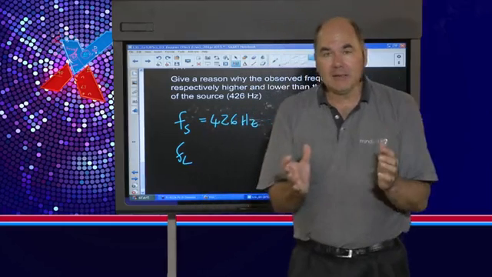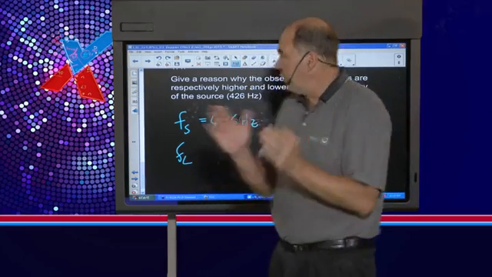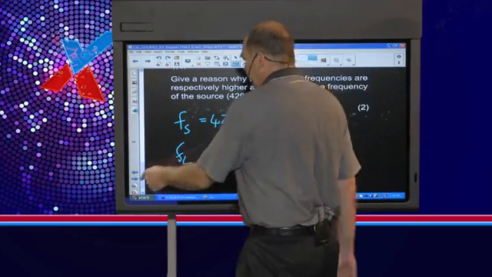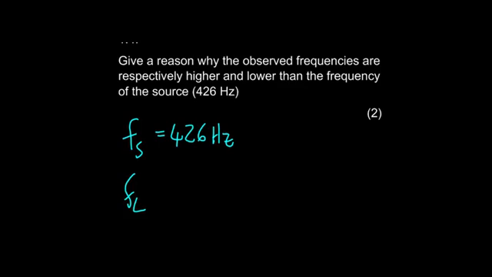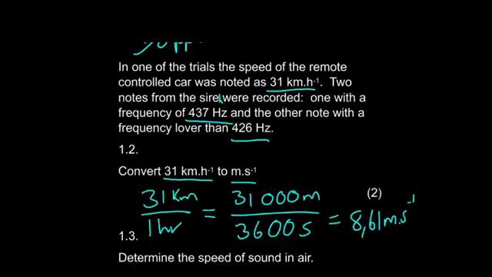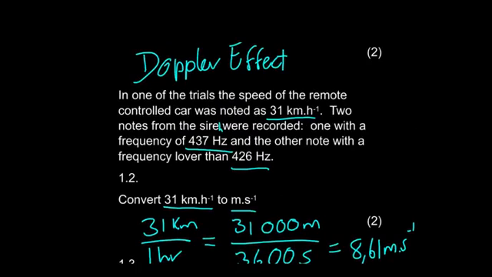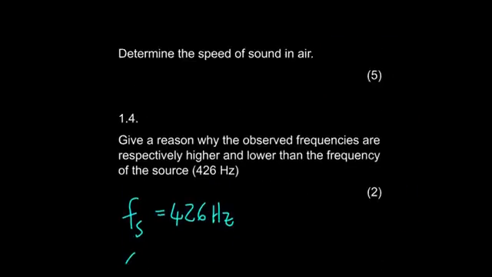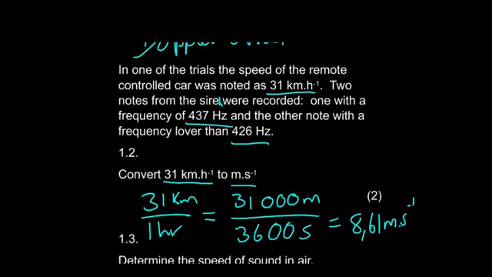Please don't panic here. You can use either one of these that are given, because there were two given. It says this one was at 437 and this one was at 426. 426 was the lower one.